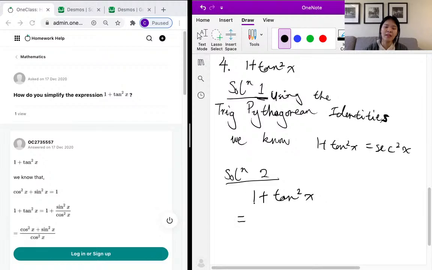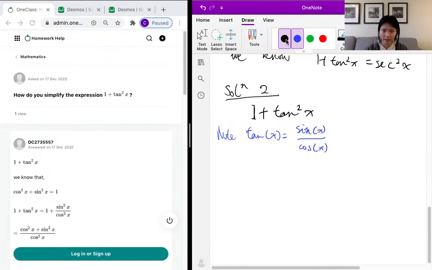You can't really simplify 1 because it's just an integer, but we know that tan x is equal to sine x over cos x. So we can substitute tan x into tan squared x.